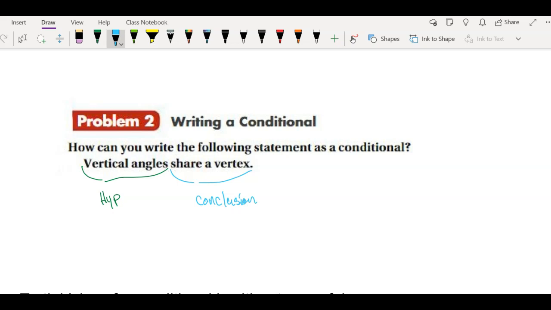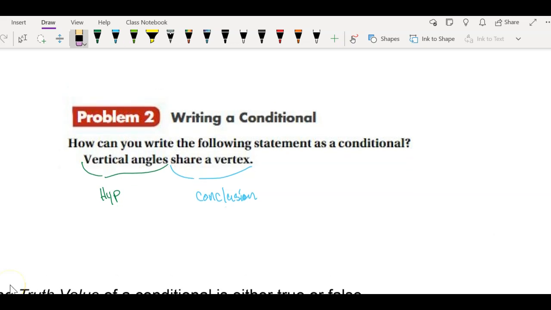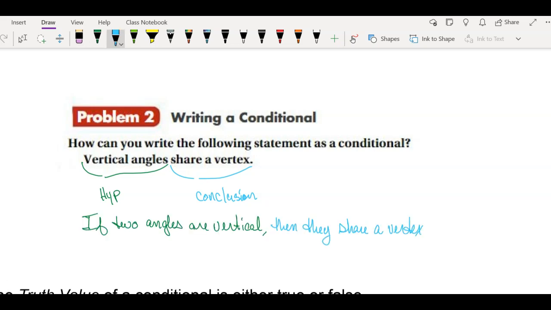So how am I going to write that? I'm going to say if two angles are vertical, comma, then they share a vertex. So the only word that I've added is two, because how many angles do you need to have vertical angles? You need at least two. So if two angles are vertical, then they share a vertex.